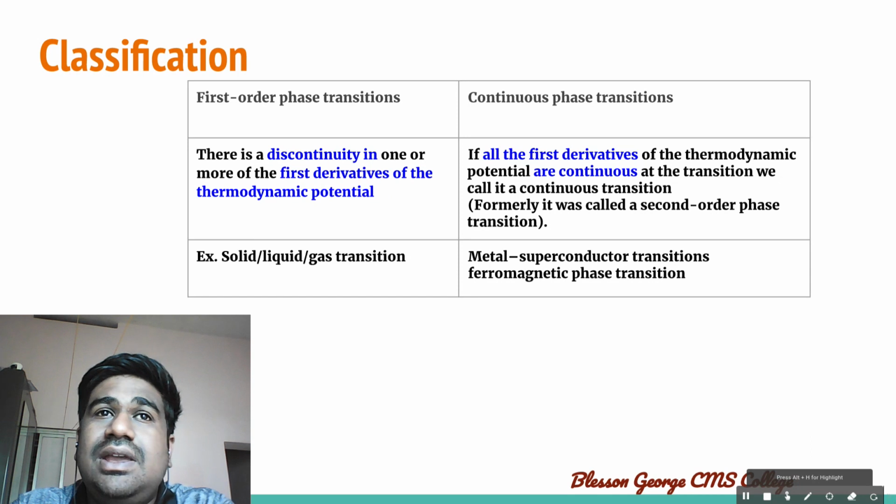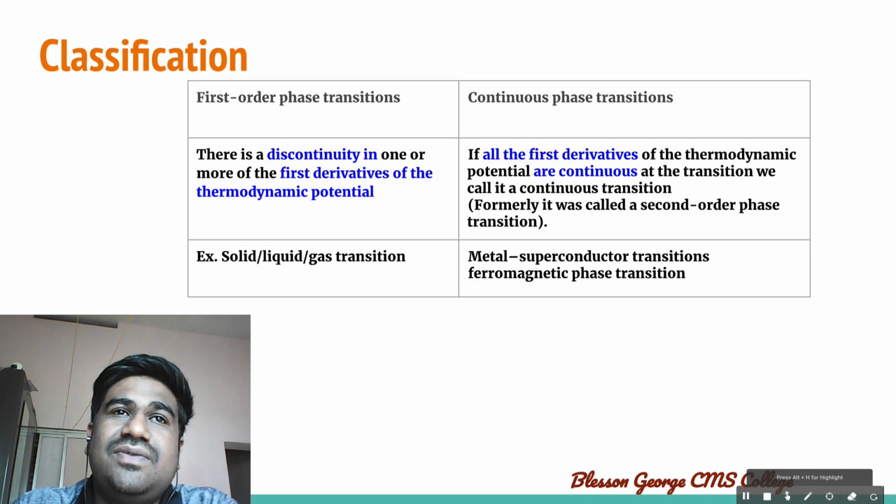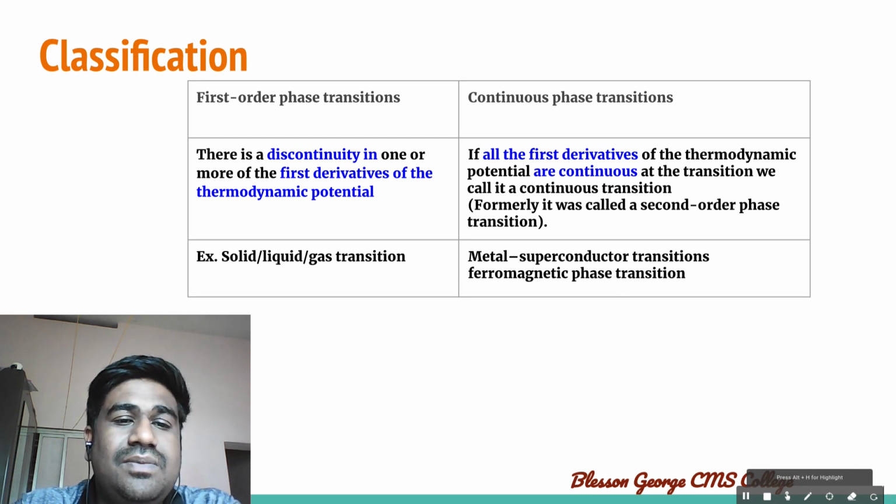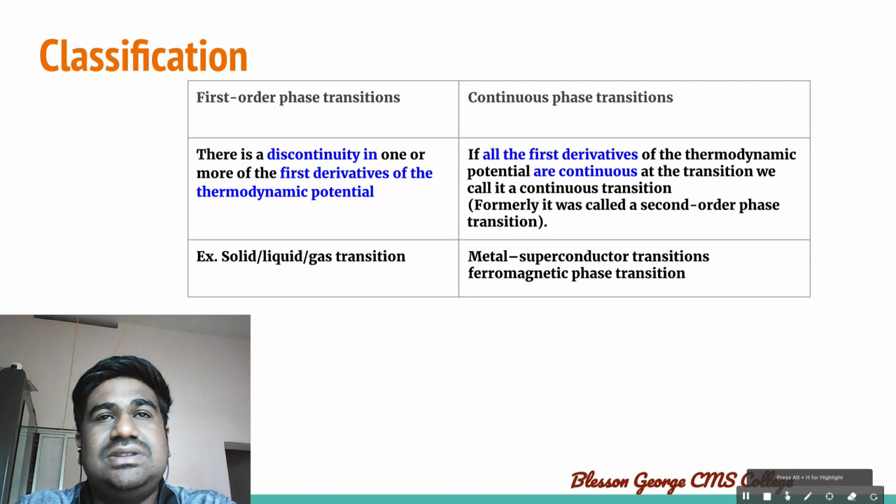And obviously, the second, third or fourth order derivative will be discontinuous. But for the time being, if all the first order derivatives are continuous, then it is called a continuous phase transition. On the other side, if any of the first order derivatives is discontinuous, it is called a first order phase transition.